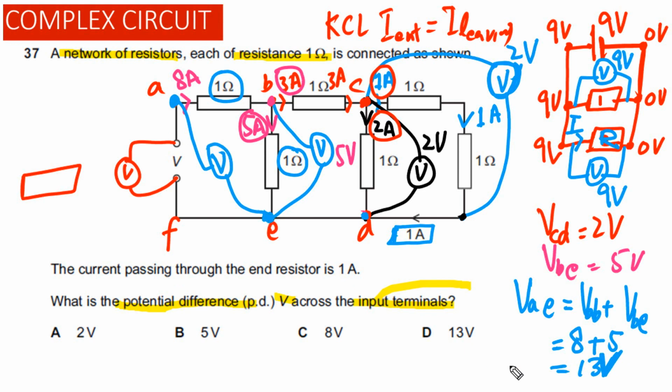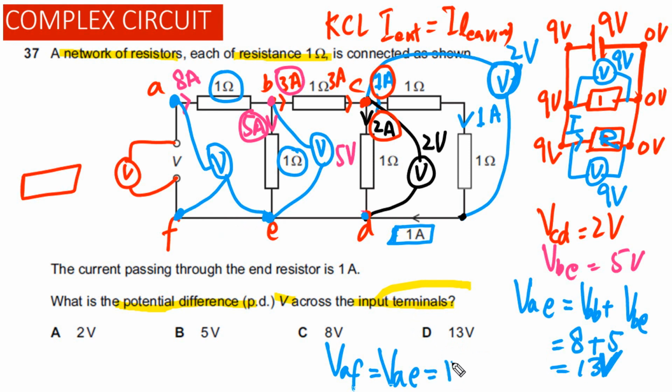So it is 13 volts. Now my question for you is, if I connect this voltmeter across AF, what is the reading on the voltmeter? What is the potential difference across AF? Again you will say this potential difference is equal to that across AE, because there is an ideal wire, so there is no potential drop or energy loss.